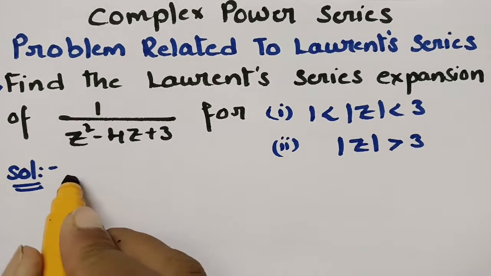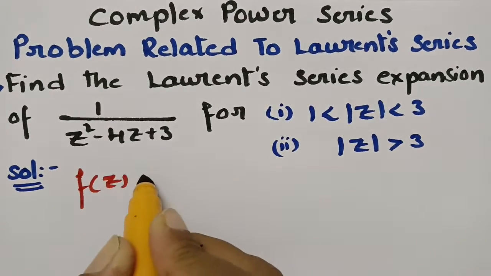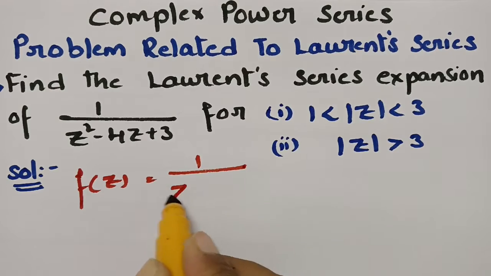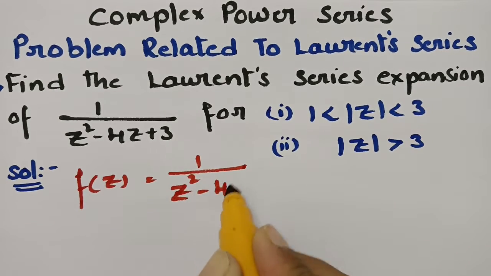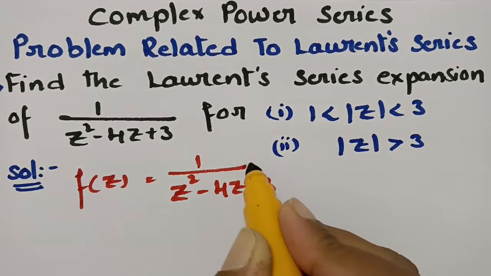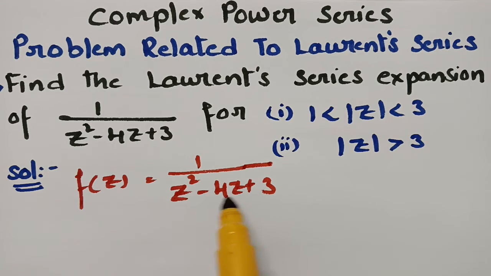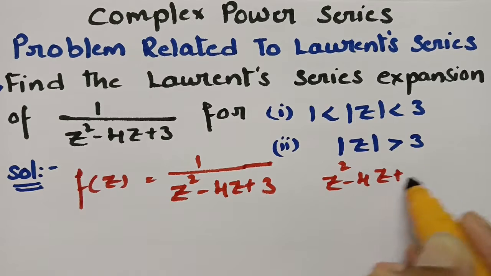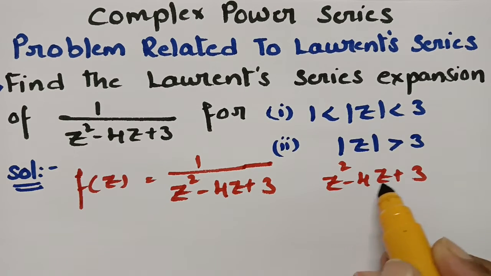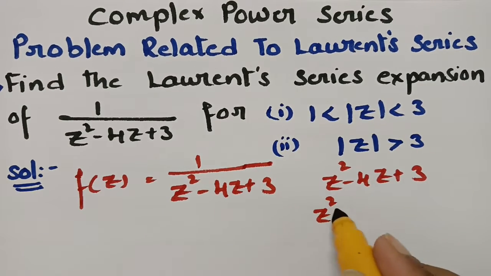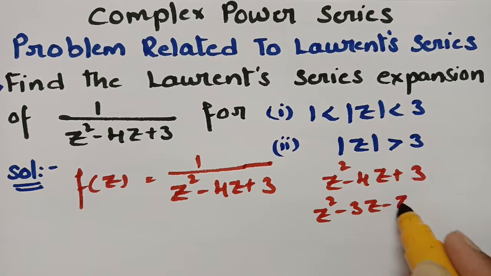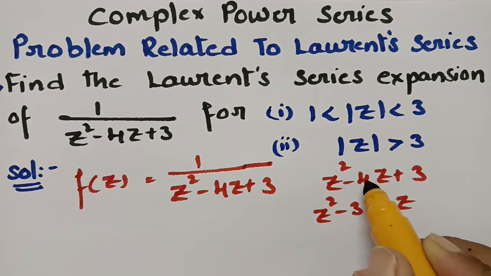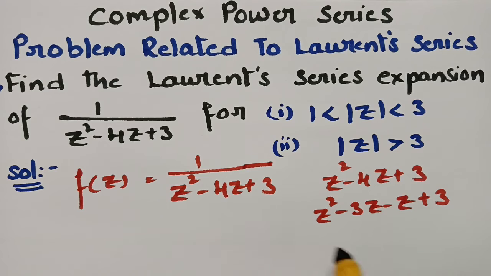It's very clear that the function is f of z equals 1 by z square minus 4z plus 3. Now I am going to take the factors of this. This is z square minus 4z plus 3. Now this minus 4z I am writing as minus 3z minus z. See here, minus 3 minus 1 is minus 4, and this is plus 3.